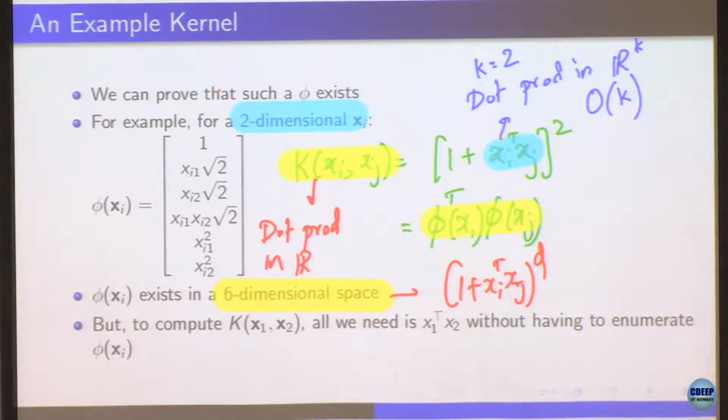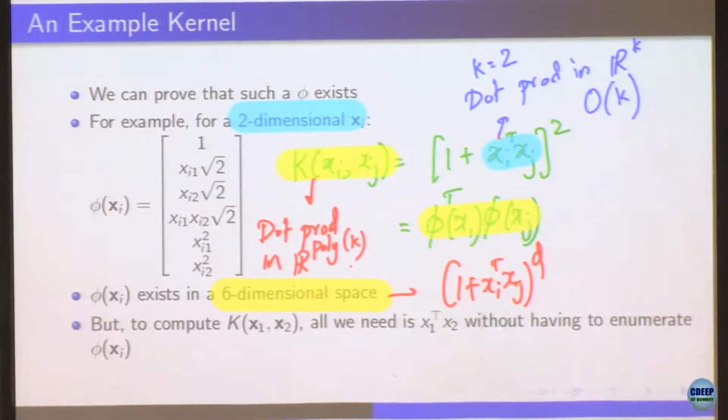So this will be a dot product in R of how many dimensions? Some polynomial term involving k. It's a polynomial term, right? So 2 became 6. K will become some polynomial expression. At least what I meant is it's certainly not linear. 2 will become 6, 3 you can work out, it will be in, I think, the 10s or 20s.